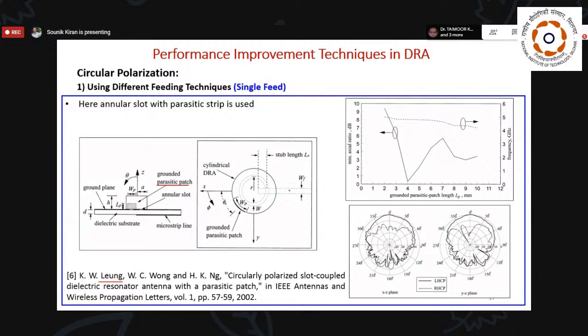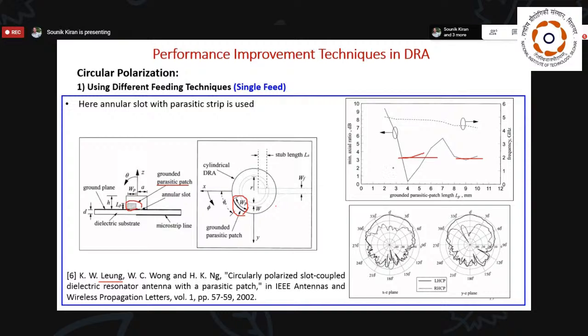They have used a simple microstrip line with an annular slot, and they just used here this grounded parasitic seed. By the placement of this parasitic seed, they are able to ensure circular polarization, that means axial ratio below 3 dB. This seems a very simple technique that they have already done for this antenna.